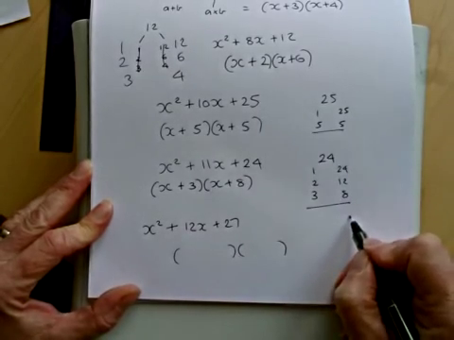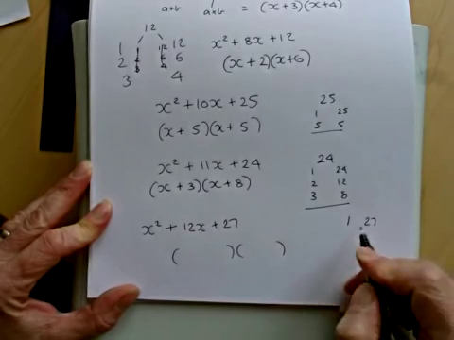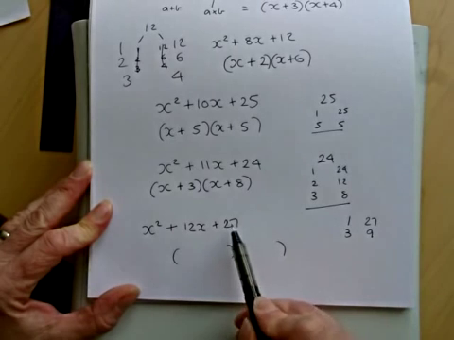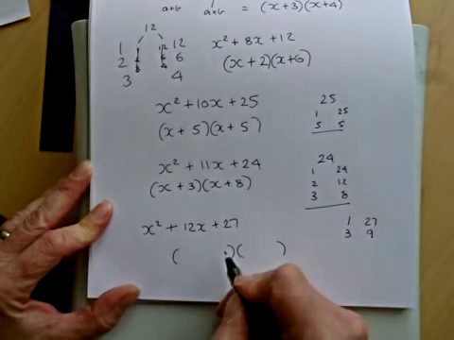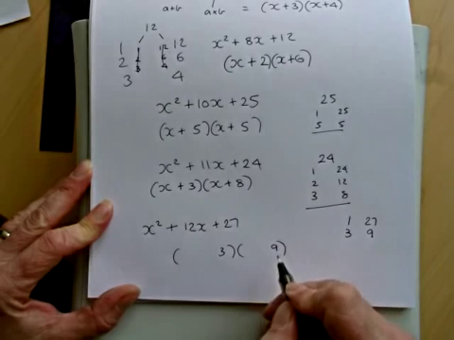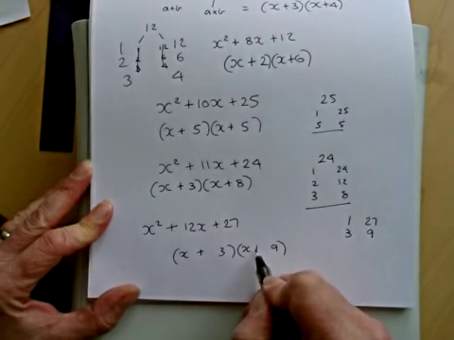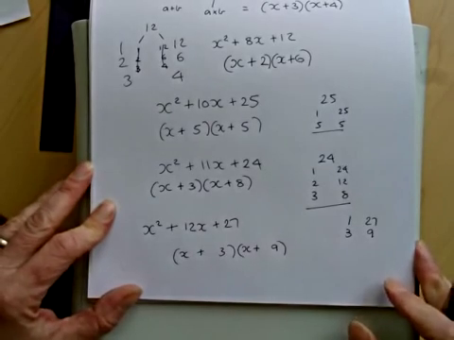Okay, so 1 and 27, well that doesn't give me 12, 3 and 9, so in fact numbers that don't have many factors are kind of easier in many ways because there's not so many factors to look at to find what you want. And so we've got x plus 3 times x plus 9.